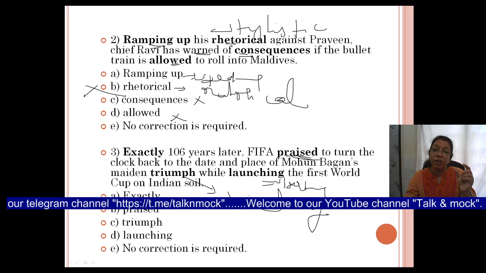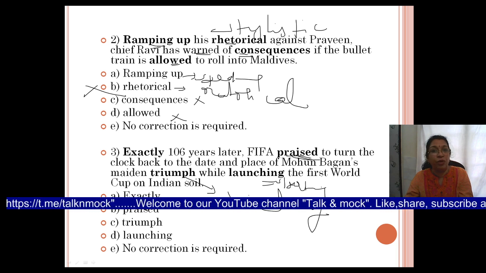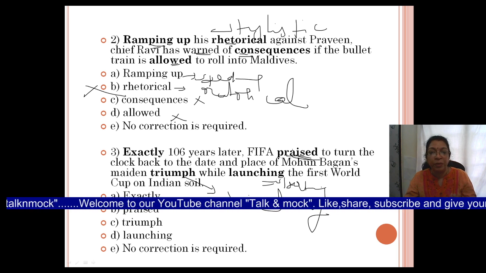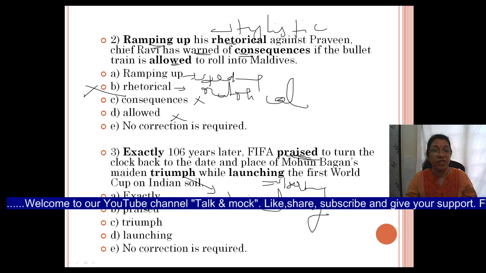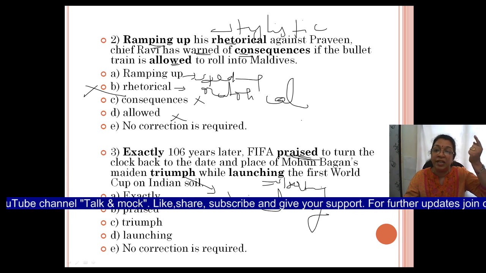So if you have a word called praised, you should see praised whom. Here we don't get the answer. FIFA praised the victory of something, but here it talks about the date and place.